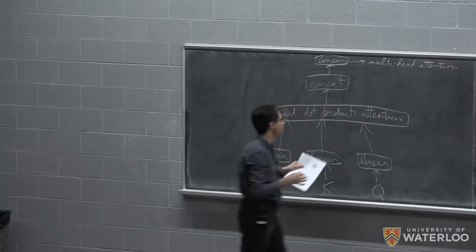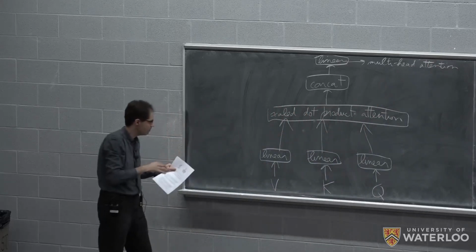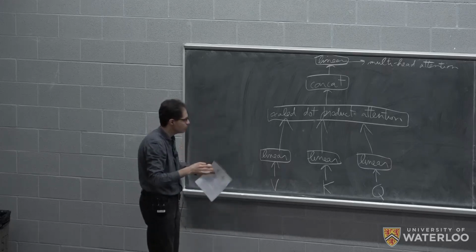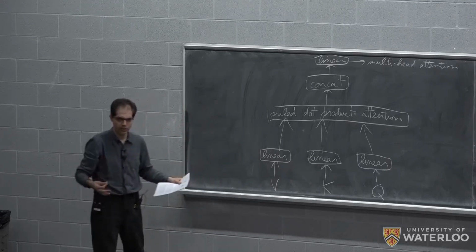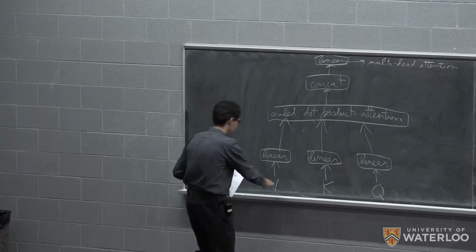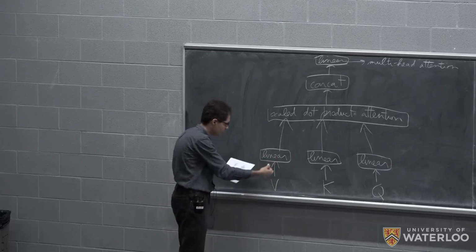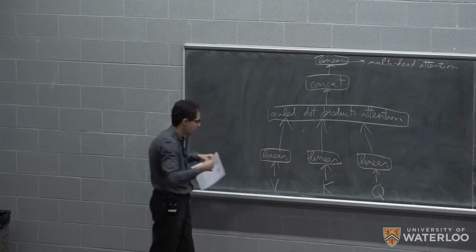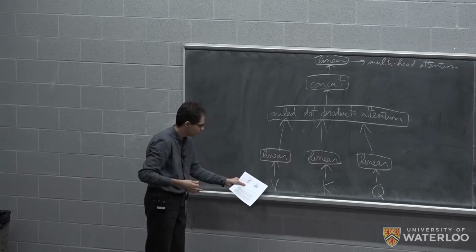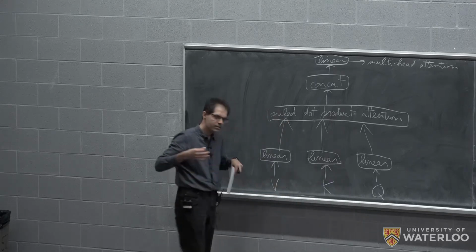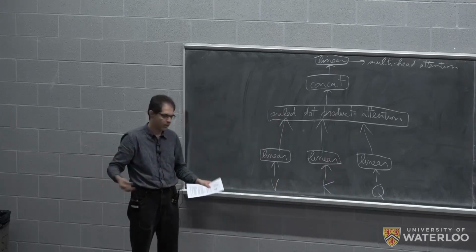Okay, now this is called multi-head because in reality, and I haven't drawn this yet on the board, we're going to compute multiple attentions. So here, when we take a linear combination, we can think of this linear combination as really being a projection of the values V, same thing for K, same thing for Q, and we could consider several projections.